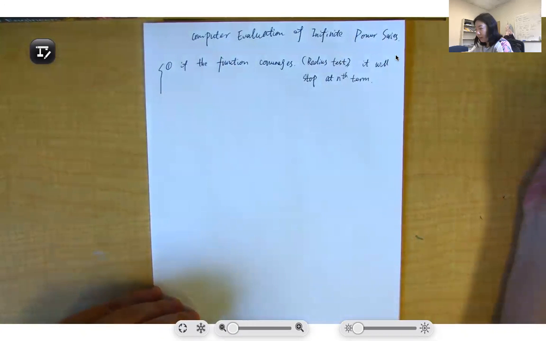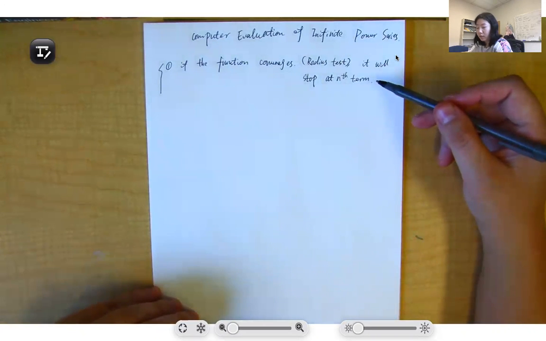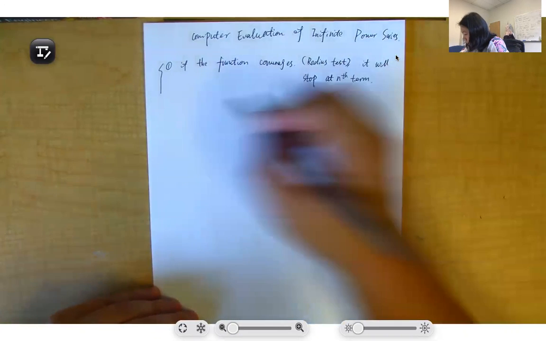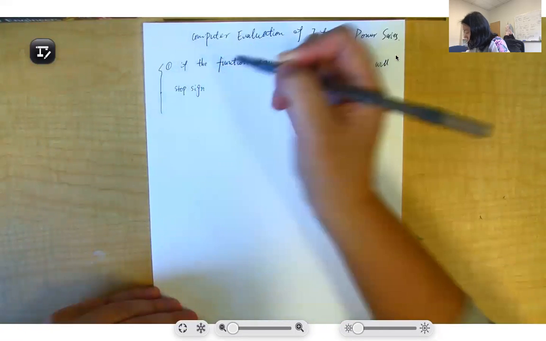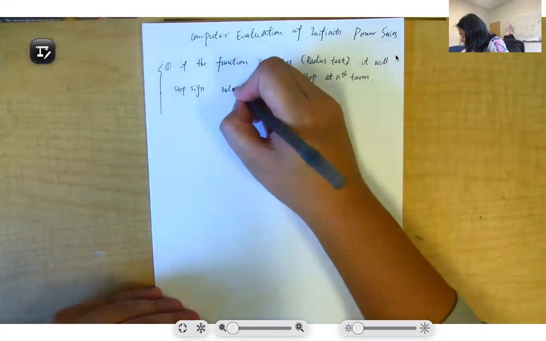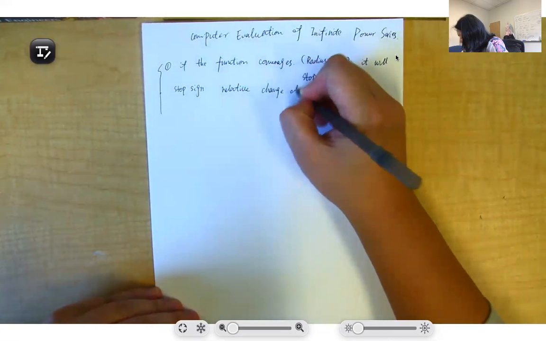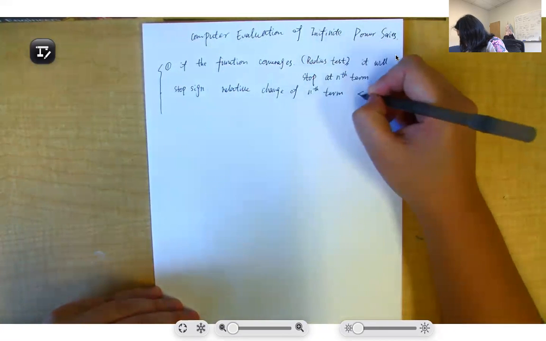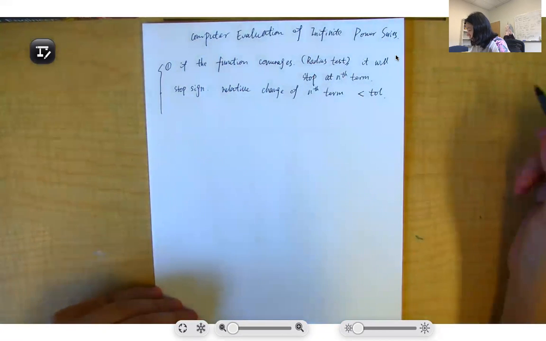When the relative change of the nth term is smaller than the tolerance, we can stop. So the stop sign for the program will be when the relative change of the n step is smaller than the tolerance, then we are done.